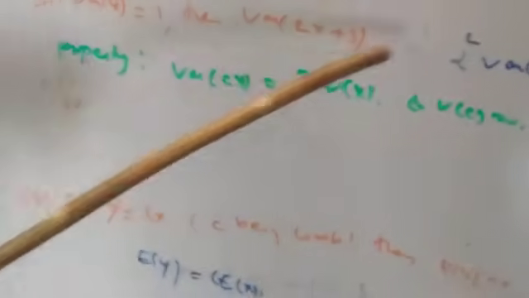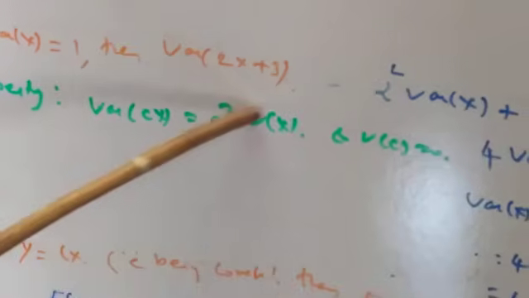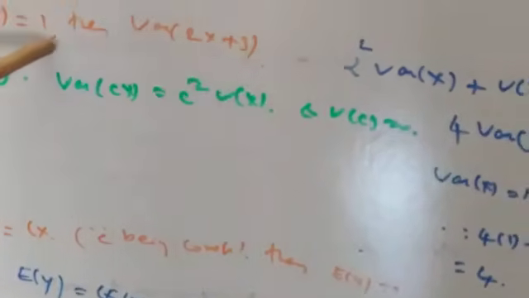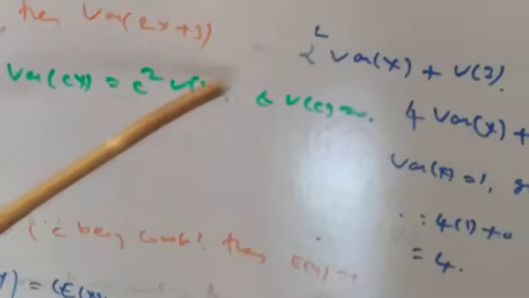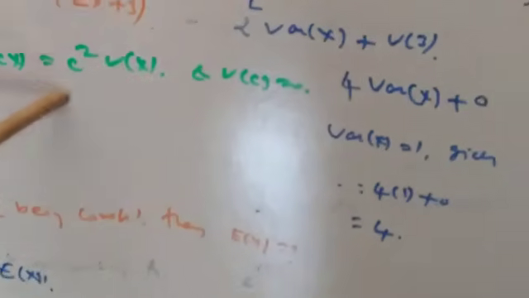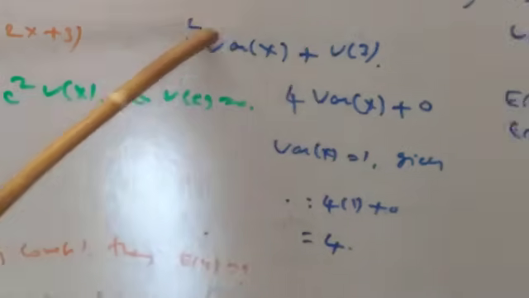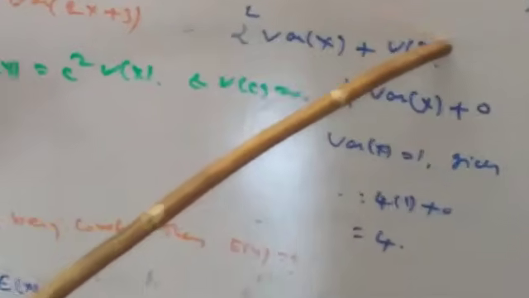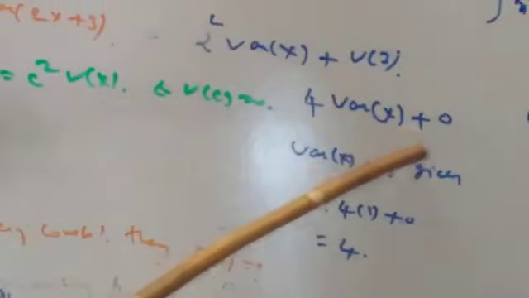Then using that, they ask one question: if the variance of X equals 1, find the variance of 2X plus 3. How to apply this principle? Recall the variance of cX equals c squared into the variance of X. So you apply c squared into the variance of X plus the variance of the constant, that is 4 into the variance of X plus 0.